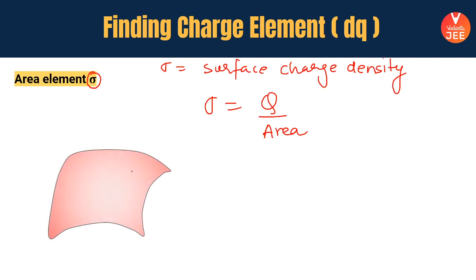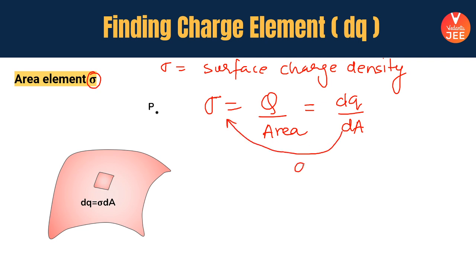I told you that the object is a two-dimensional object. At point P, we are interested in finding the electric field, and what we have defined is the surface charge density, which is Q, total charge, divided by the area. And if I assume the entire body to be divided into small charge elements, each having charge dq and an area dA, then each element will have a charge dq equal to sigma times dA.